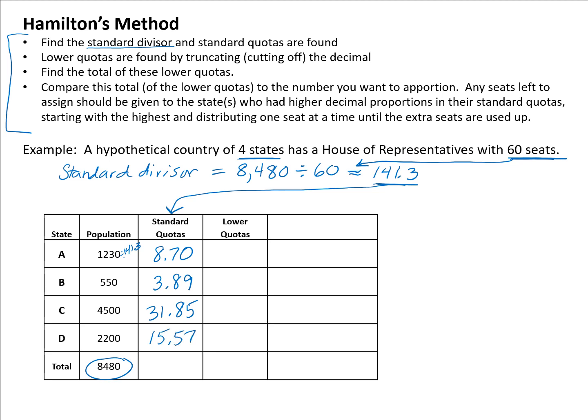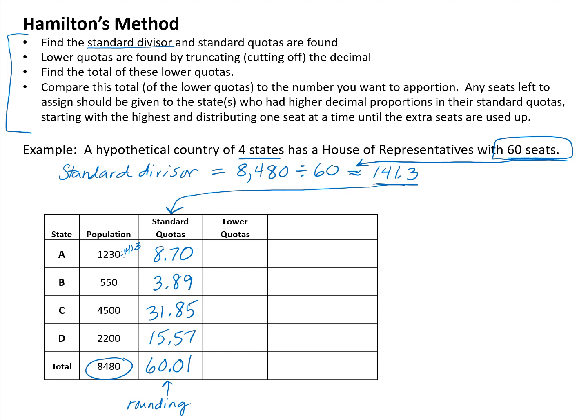A quick way to make sure you haven't made a calculation mistake is to add up all 4 of those numbers in your calculator and make sure you get 60 seats, because we should be distributing 60 seats. When I do this, I get 60.01. Remember, we wanted 60, but it's okay if we're slightly off due to rounding error, because we did round each of these decimal values. We had to because they went all the way across our screen on the calculator.